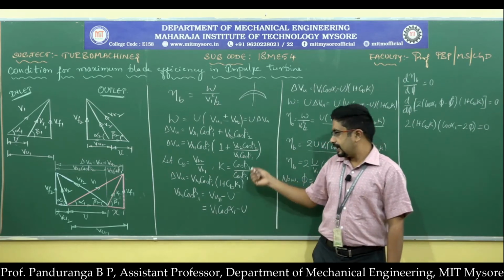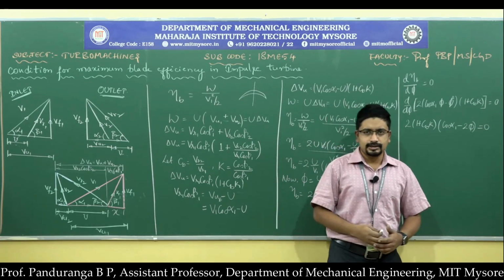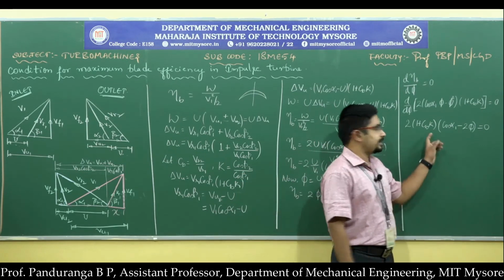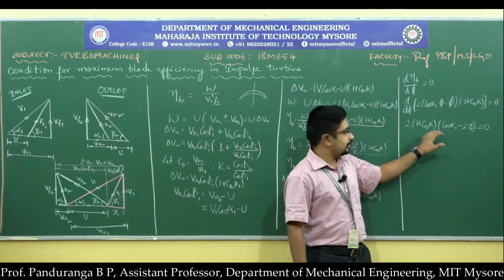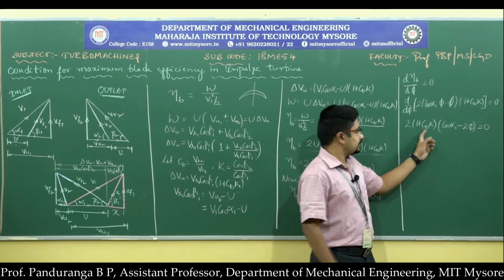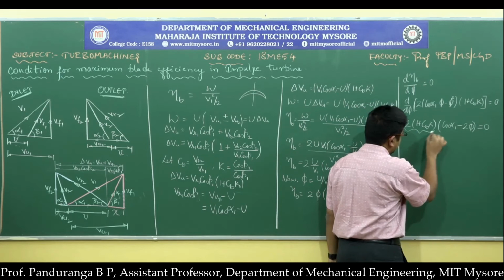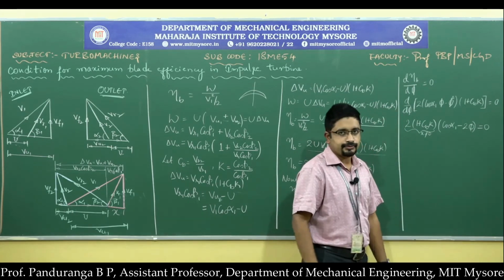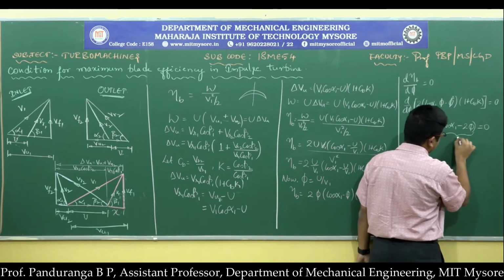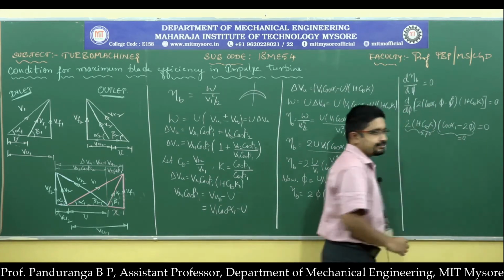Again, beta 1 and beta 2 will be very close to each other, so the ratio of these two cosines will be a positive term. So if this entire equation has to be 0, then these terms cannot be equal to 0. The only term which can make this equation 0 is the other term.